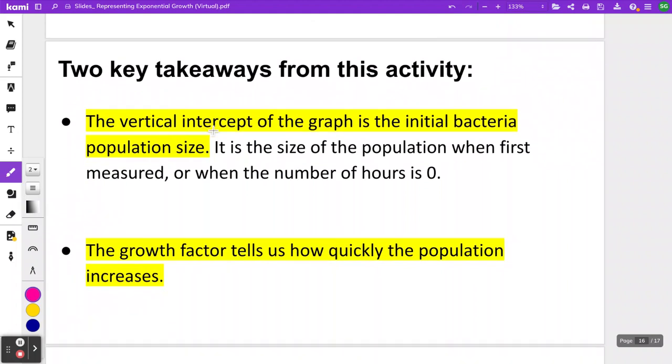Well, the vertical intercept of the graph is the initial bacteria population size, or the starting amount for whatever the story is about. In the bacteria story, it's the size of the population when first measured, which oftentimes we refer to as hour 0. And then what does the growth factor tell us? The growth factor tells us how quickly the population increases. Remember, that's that number that you're constantly multiplying by.